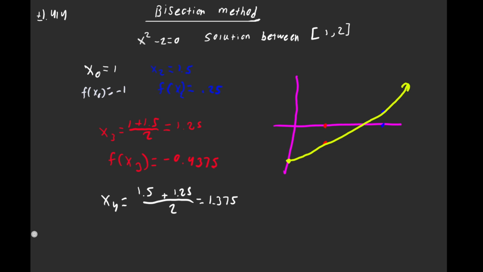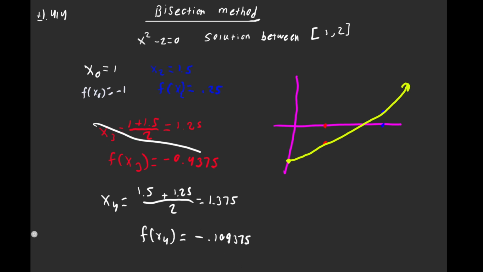So what we will do now is look at the y value of x sub 4, which will give us negative 0.109375.